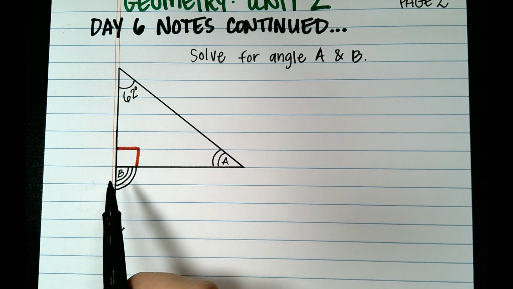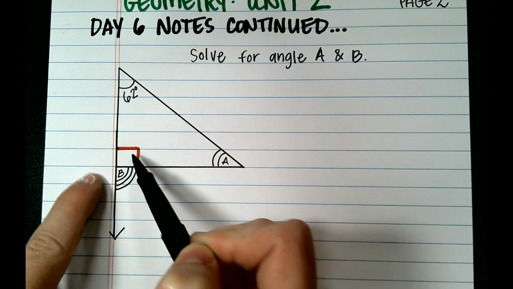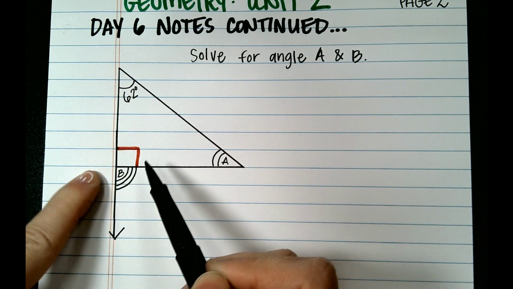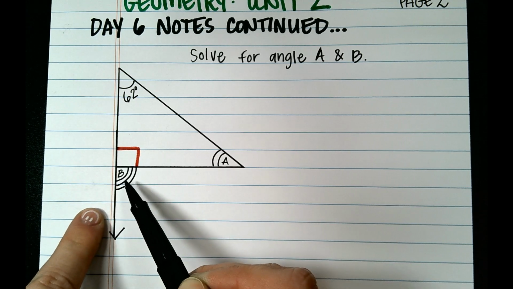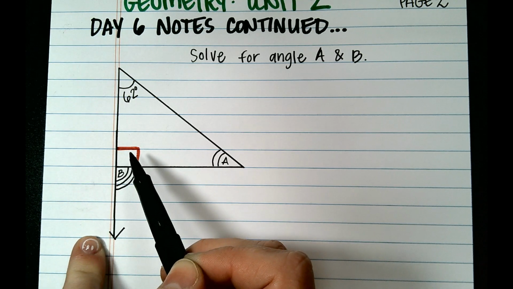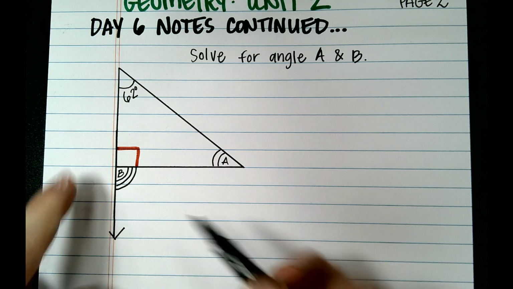Why would angle B be 90 degrees? Because it is right next to this right angle here, okay? Whenever I have an exterior angle like this, and it's right next to an interior angle, I know that those two will add up to 180 degrees.